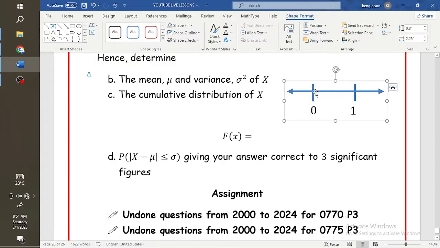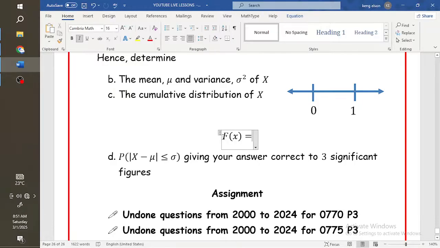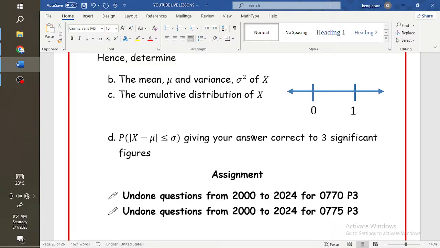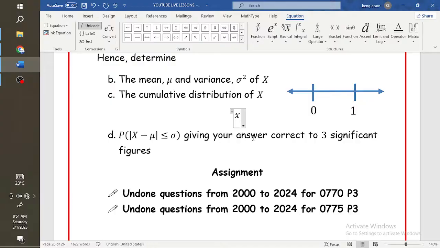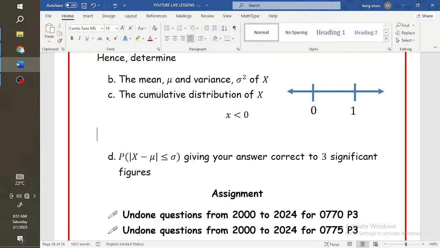The next interval is from 0 to 1, and the last interval is from 1 to plus infinity. So I'm going to find my capital F of x in each of those intervals. The first interval is for x less than 0, because if you are from minus infinity to 0, you are less than 0.